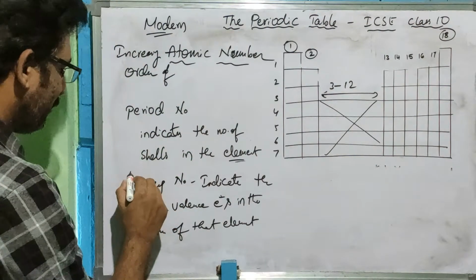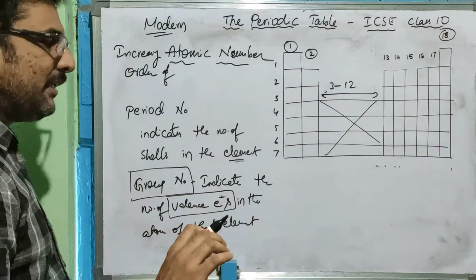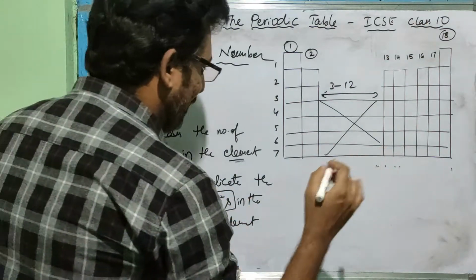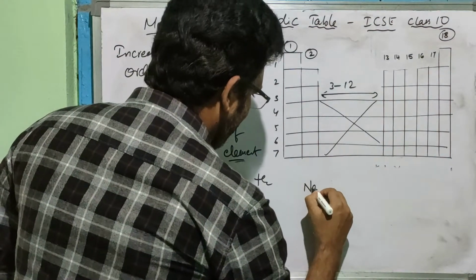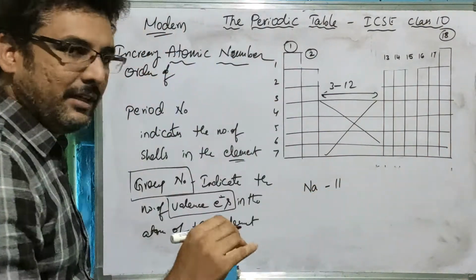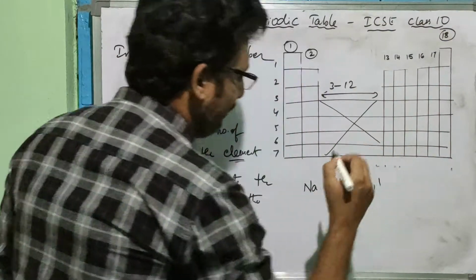Okay, so here the group number indicates the number of valence electrons present in the atom of that element. For example, if you take sodium, its atomic number is 11 and electronic configuration will be 2, 8, 1.